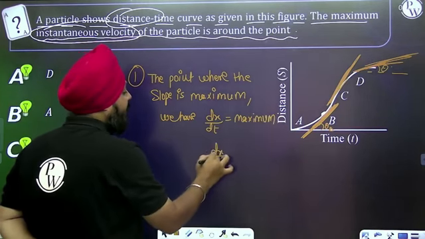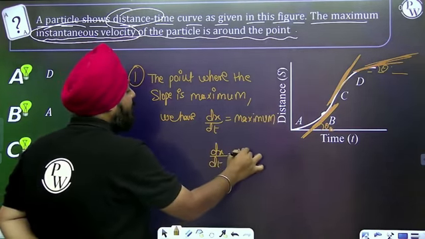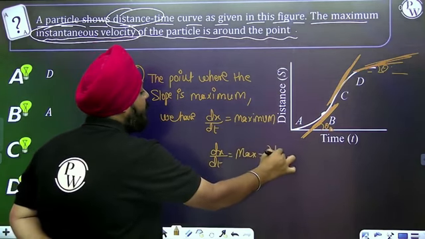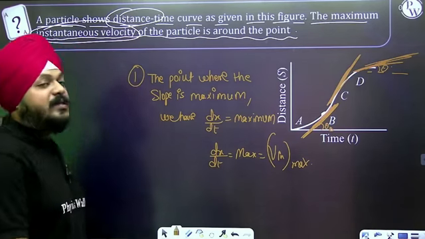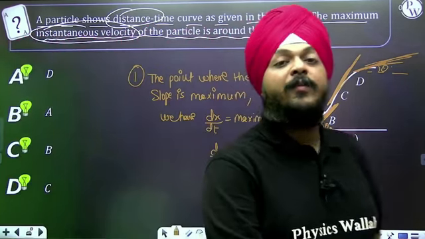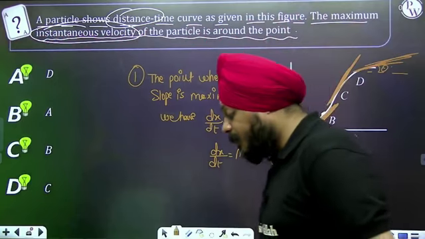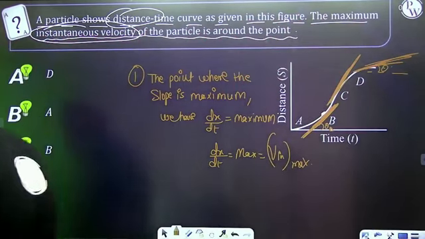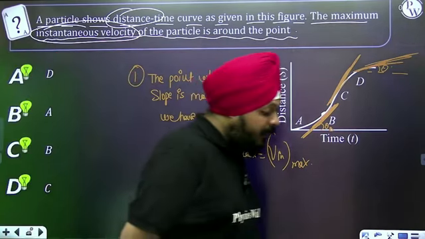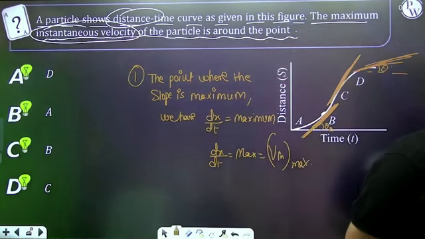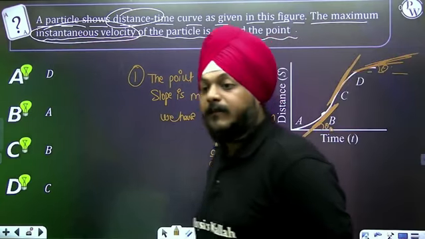When dx by dt is maximum, we have the instantaneous velocity to be maximum. Yes or no?